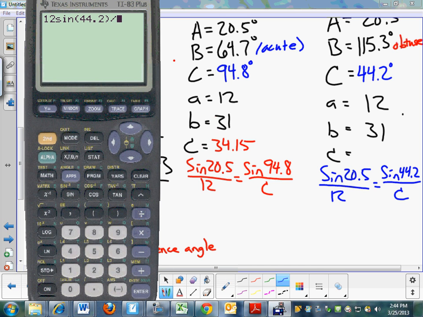You got 23.89. If it matches with this one, I'll give you your point back. 23.88. Sorry. I just did that to make you mad. I'm kidding.